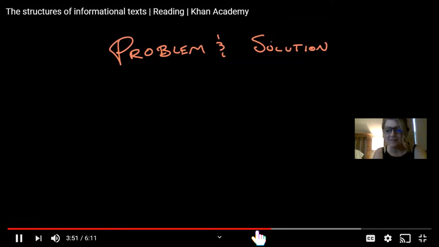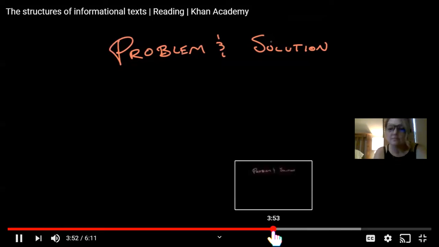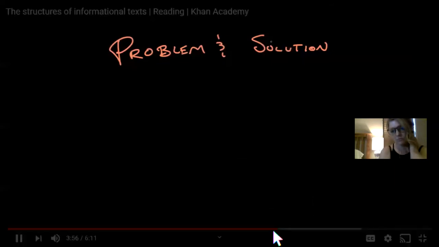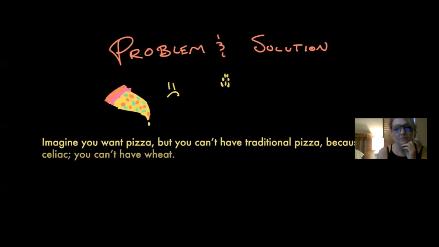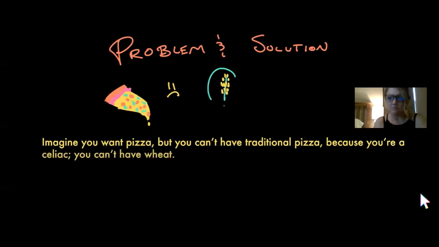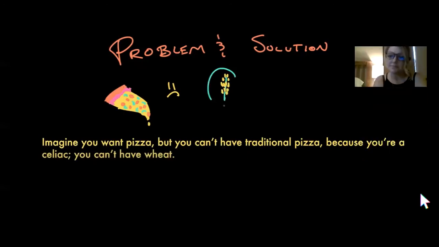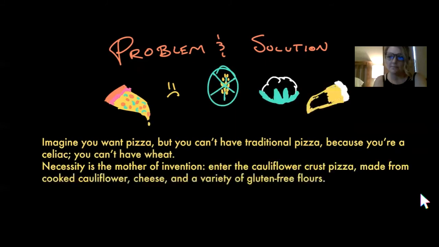In this kind of text structure, the author describes a problem and then explains how that problem was solved. So imagine you want pizza, but you can't have traditional pizza because you're a celiac. You can't have wheat. Necessity is the mother of invention. Enter the cauliflower crust pizza made from cooked cauliflower, cheese, and a variety of gluten-free flours. All right, so what was the problem?